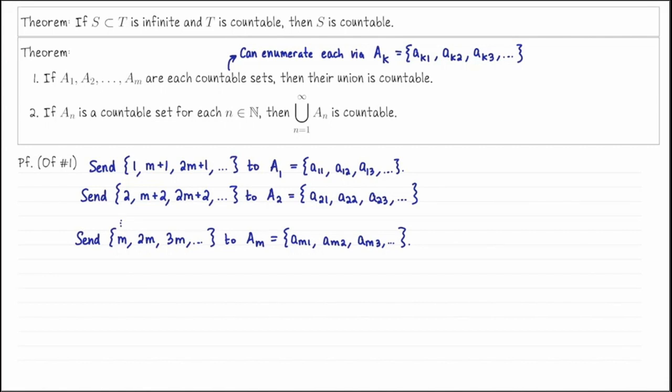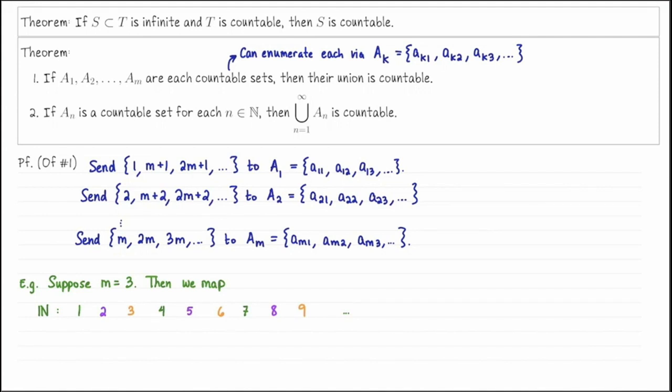Let's see what it looks like if I actually designate M as the number 3. In other words, I want to show you that there's a bijection between the set of natural numbers and the sets A1, A2, A3, taken as a union. What we're going to do is map natural numbers forward. So let's list out the natural numbers. I think I'll do 1, 2, 3, 4, 5, 6, 7, 8, 9. I think that's enough to see it.